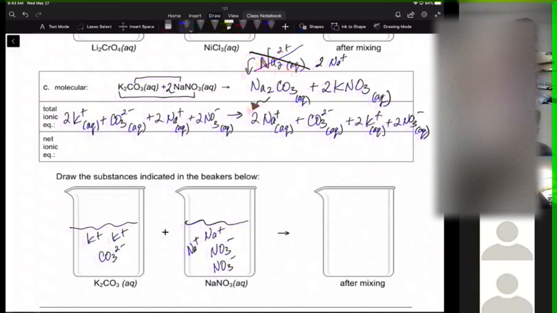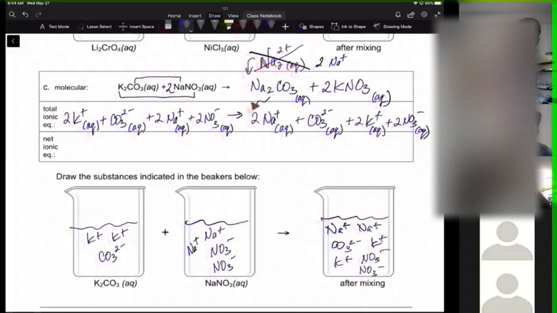Okay, so I'm going to write my products in here too. Now make sure that your charges are always balanced, so that the total charge on the reactants equals the total charge on the product side.